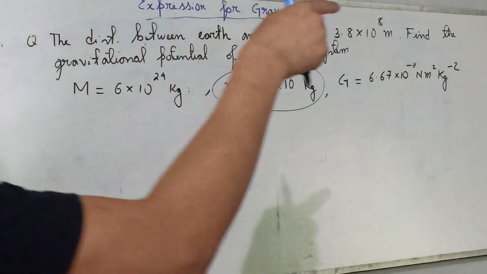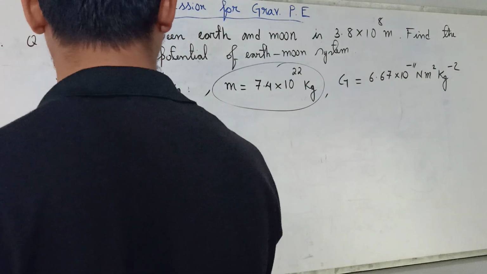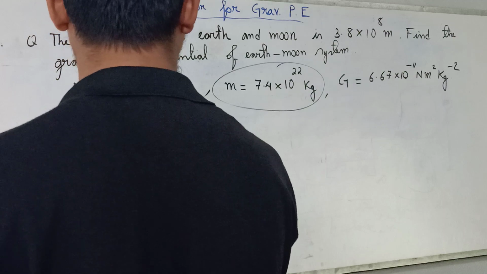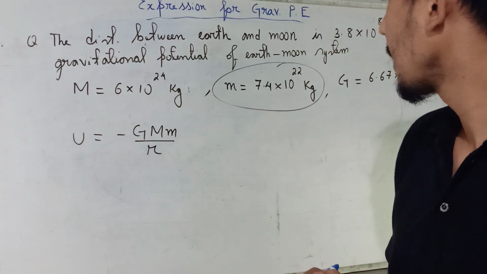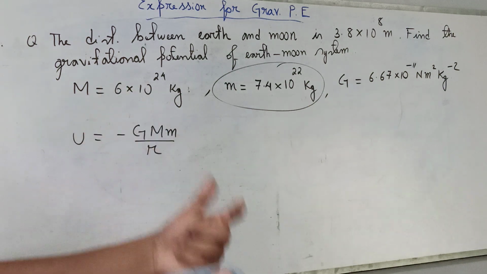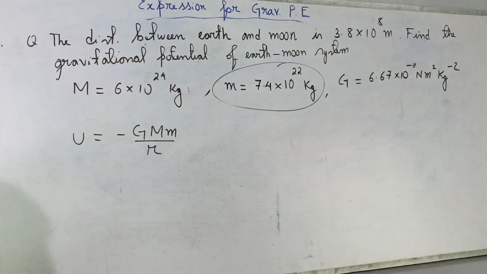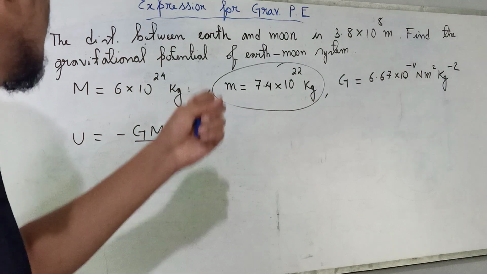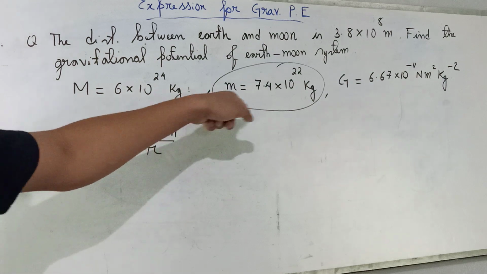Now we have just seen that the expression for the gravitational potential energy is given by minus GMm by R, where M and m are the masses of the two bodies, and R is the distance between the objects. We derived it. Here the distance between the Earth and the Moon is small r, capital M is the mass of the Earth, small m is the mass of the Moon.